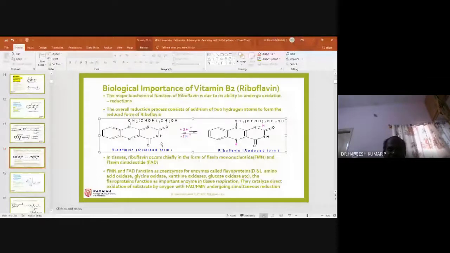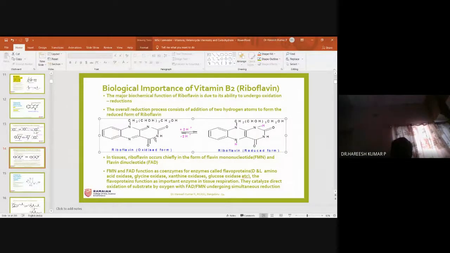So it can act as an oxidizing agent or a reducing agent.